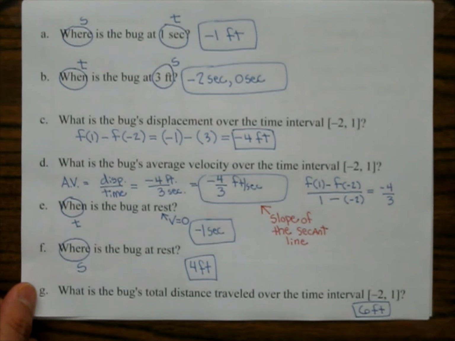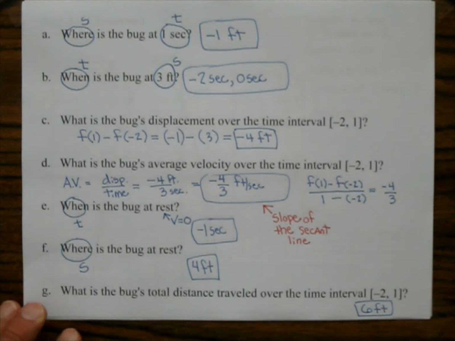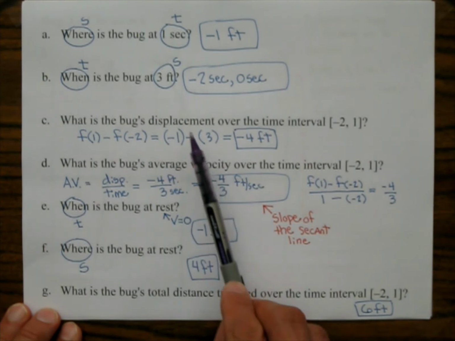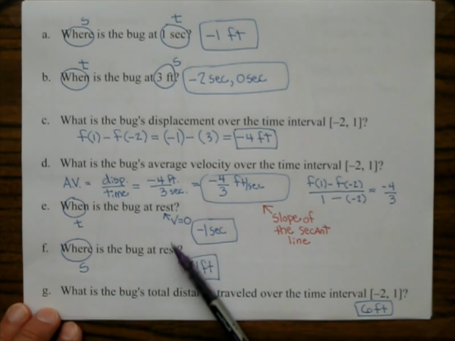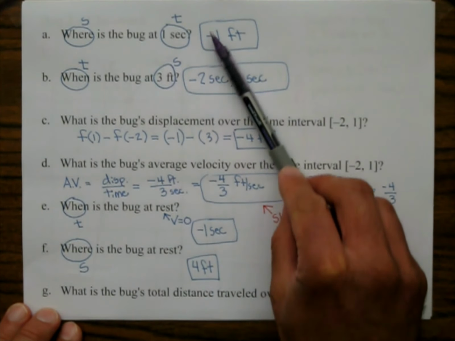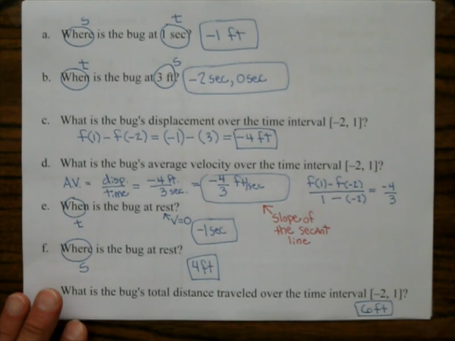these questions here. A lot of the main things that we saw is total distance traveled, average velocity, displacement, rest is important, and then these were just to make sure we know what we're doing. Okay, we're going to do some similar problems.